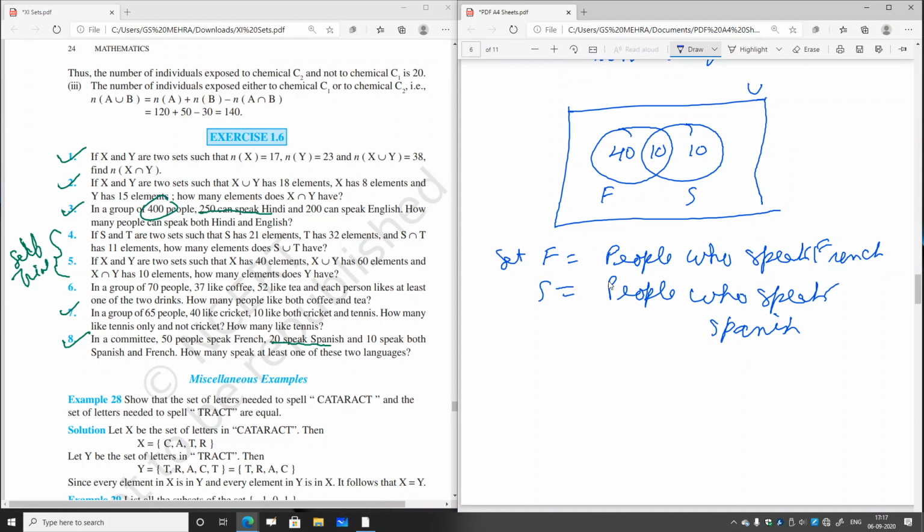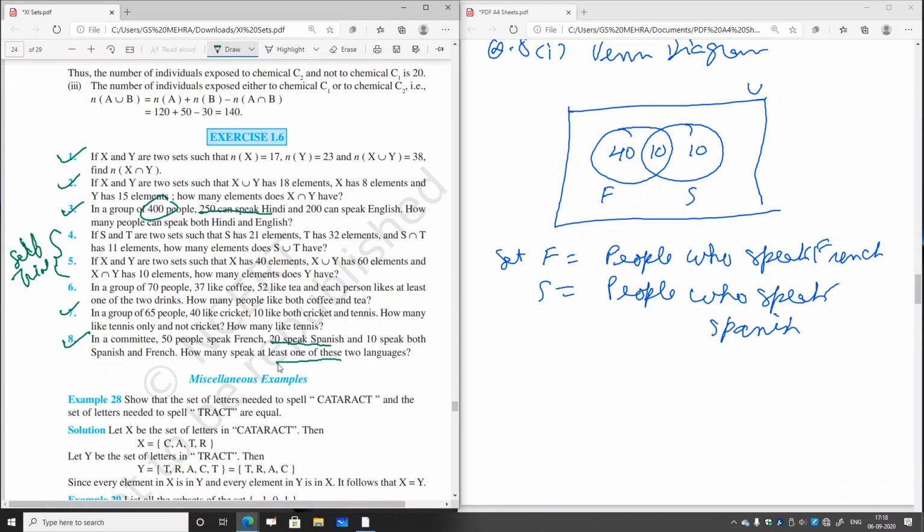So this all is the Venn diagram. Now it's very simple. We have to find the total number of people who speak either French or Spanish. Why? Because it says how many speak at least one of these two languages. It means the person must speak at least one language, or he can speak more than one language. So the union will come.